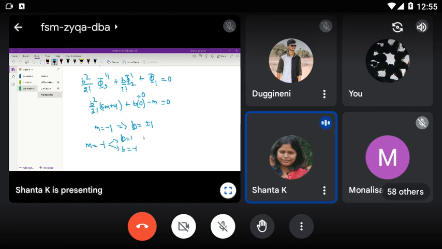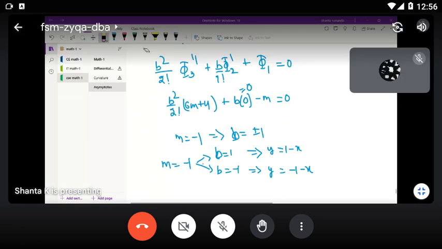So b equals plus 1 and b equals minus 1. Here y equals mx plus b, so minus x plus 1, or you may write it as minus 1 minus x. So these are the two asymptotes. How many did you get? Two asymptotes.